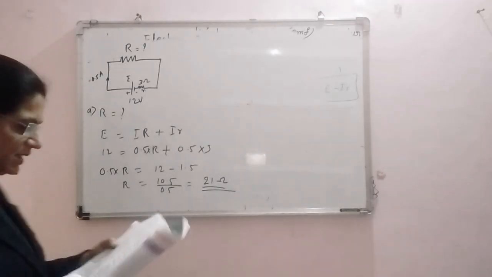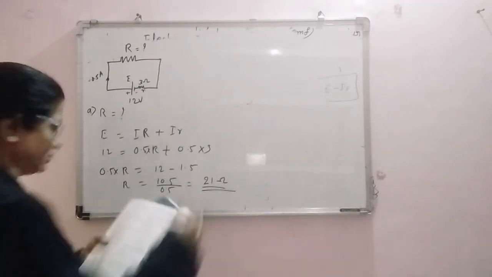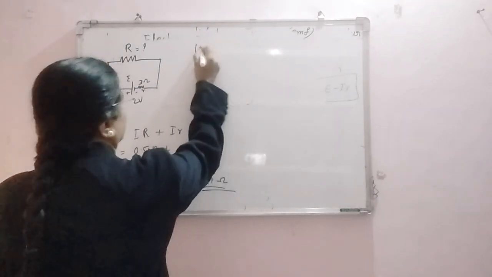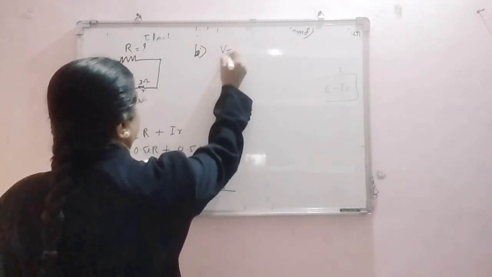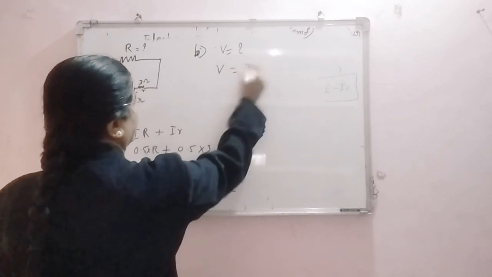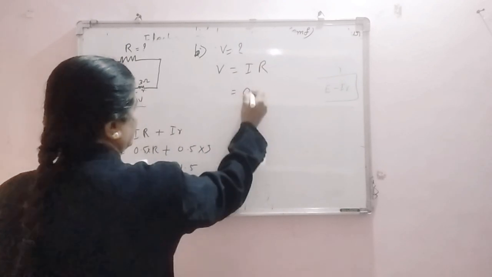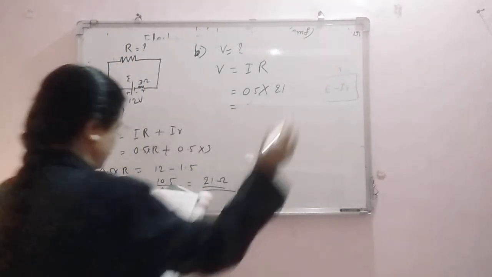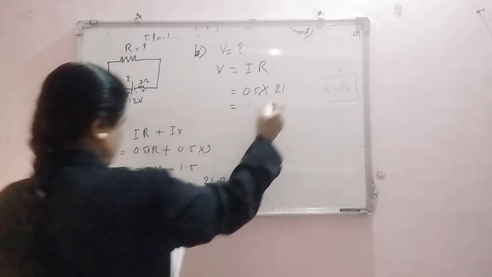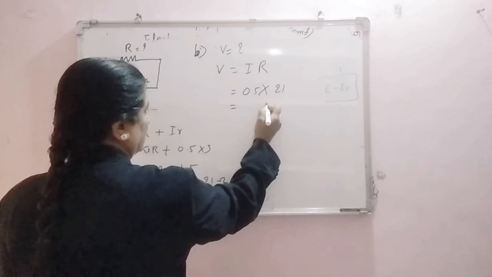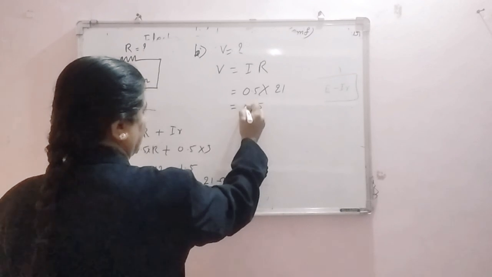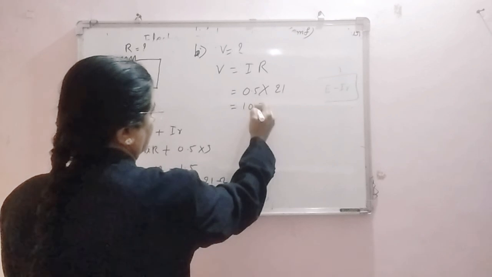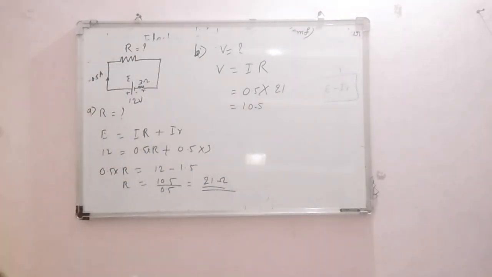The second answer: calculate the terminal potential difference. So V you have to find out. V is nothing but I into R. I is 0.5 ampere, R is 21 ohm. Multiplying, you get 10.5 volt.